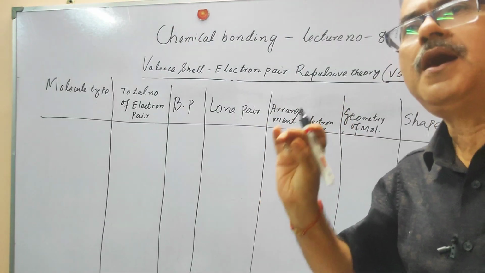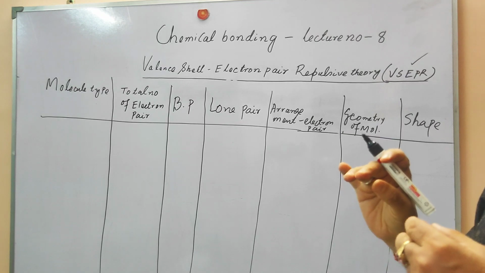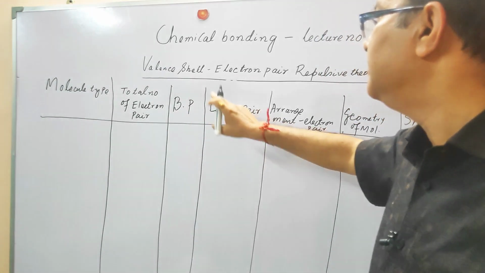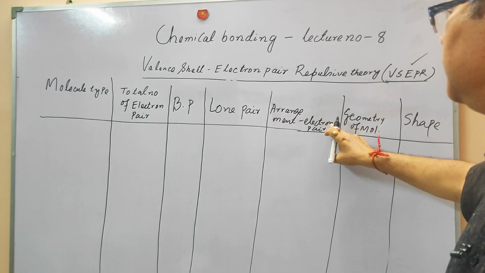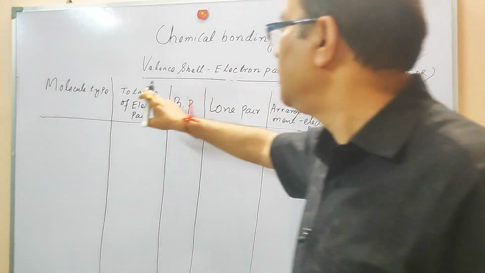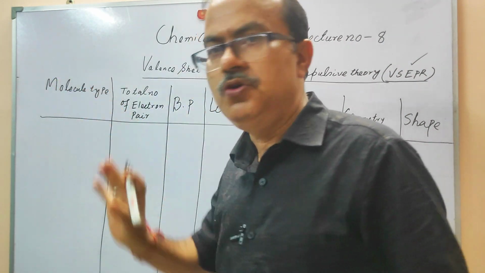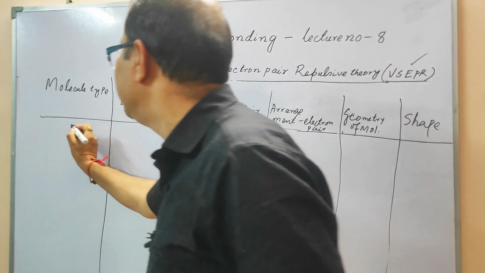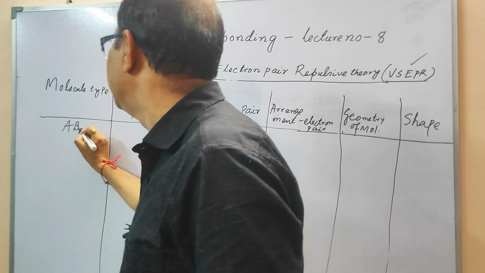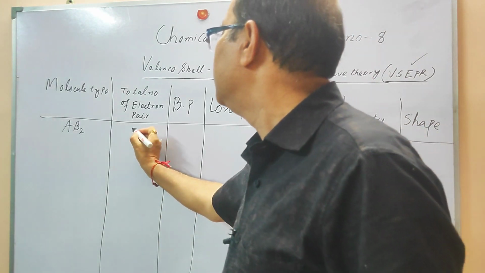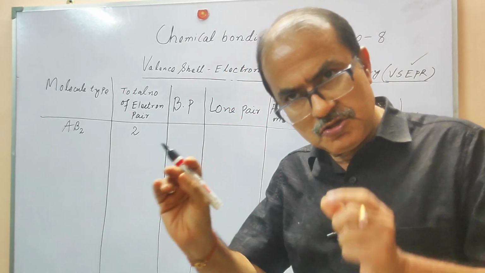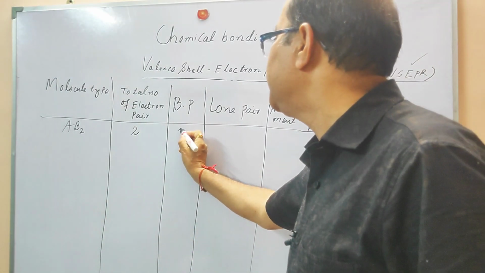Okay, going to understand this: BP means bond pair, and this is lone pair. The table has arrangement of the electron pairs, geometry of the molecules, shape, total number of electron pairs, and the molecule type. Suppose we first take the molecule type AB2. The number of electron pairs is 2, and these electron pairs are utilized as bond pairs.